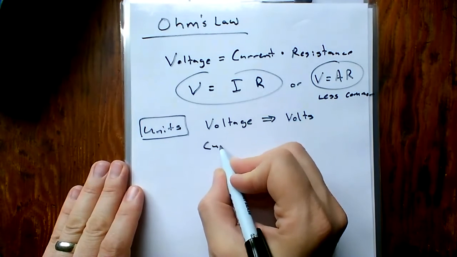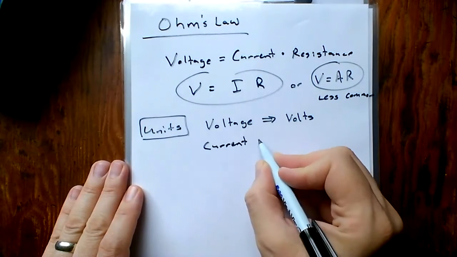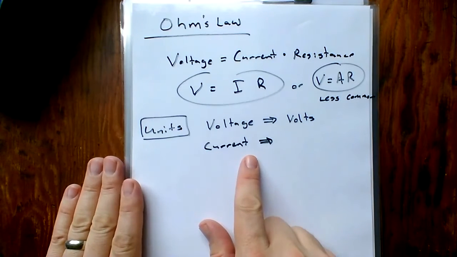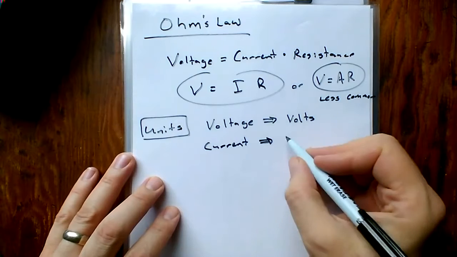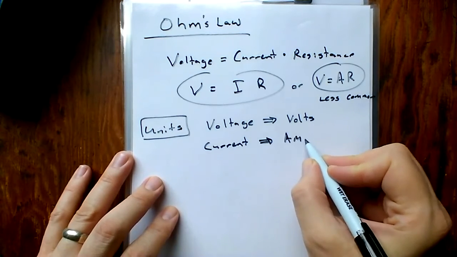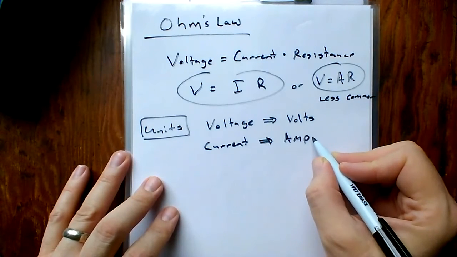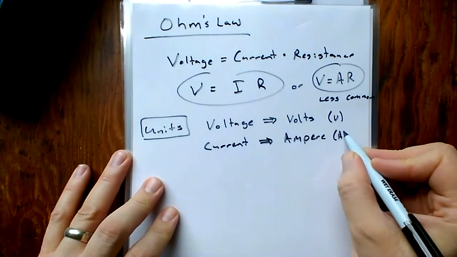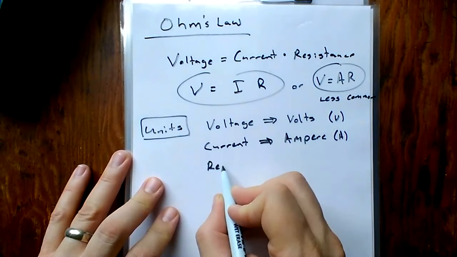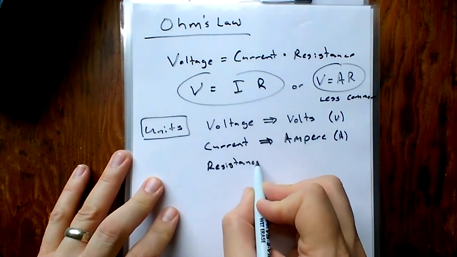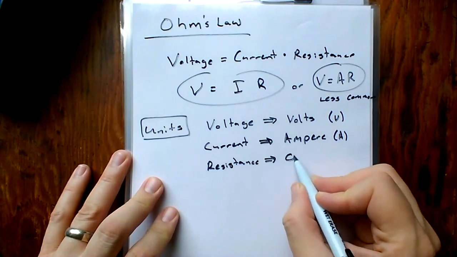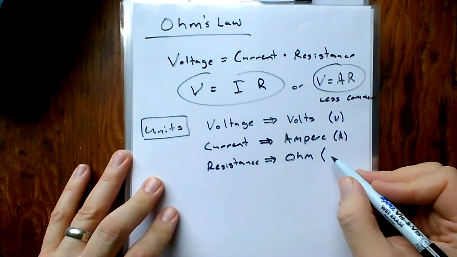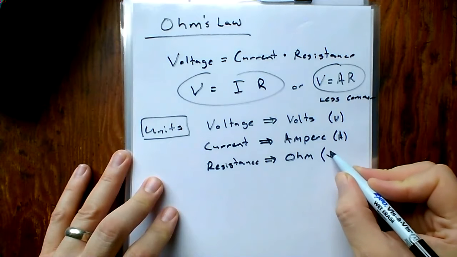The current literally is how much stuff is going through the pipes, and that is amperage, amps. Actually, it's ampere. So volts is V, ampere is just a capital A, and then of course our resistance is in ohms, and that is usually written by a capital omega.